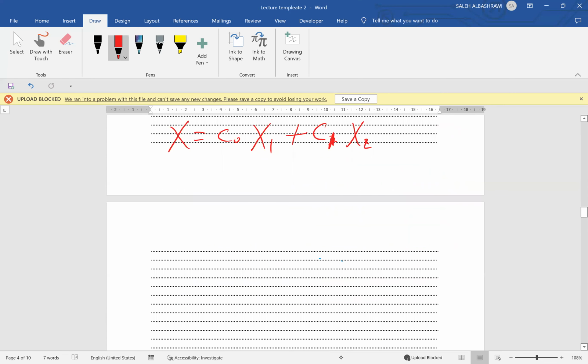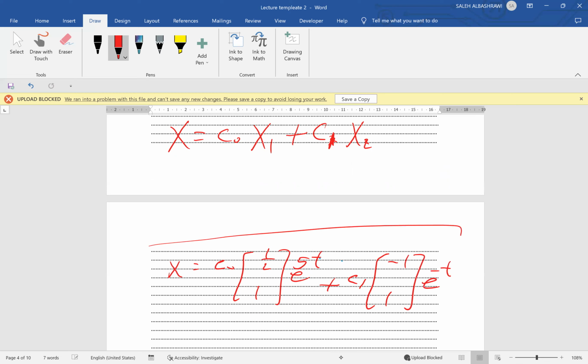Or it can be written as x equal to c0 1/2 and 1 e to power 5t plus c1 -1, 1 e to the power minus t. So this is the general solution for the given homogeneous system.